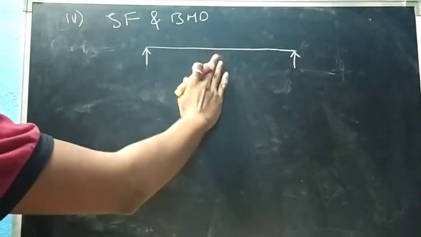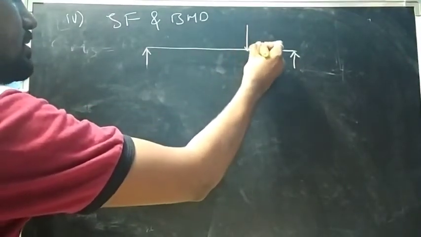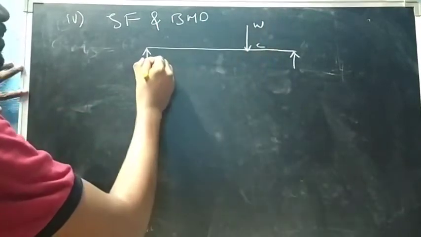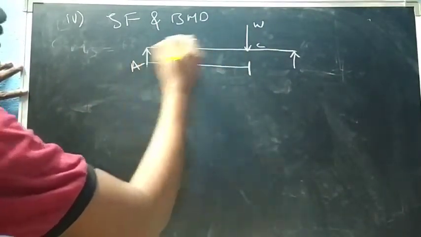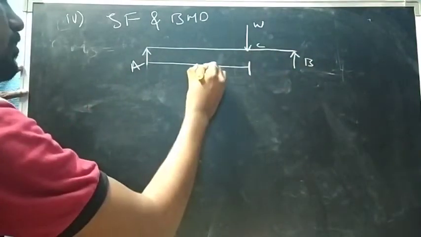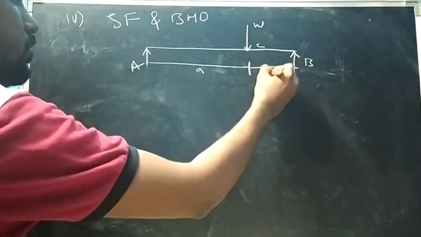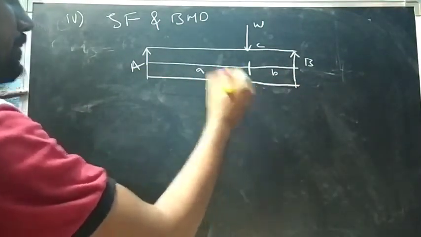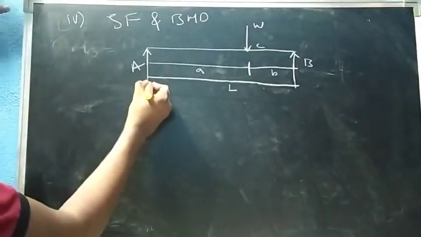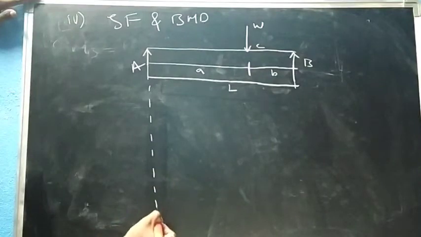That means it is not acting in the middle, it is acting somewhere here. We call it as C, and the load is W. The length from A to C is small a, and the length between C and B is small b. We know that total length will be capital L. Clear? Extend the lines to draw shear force and bending moment.